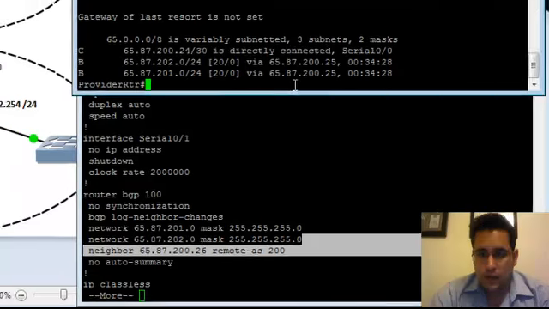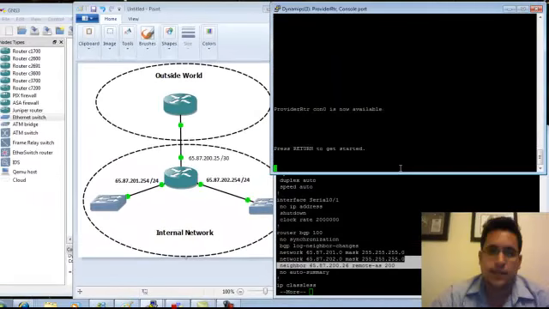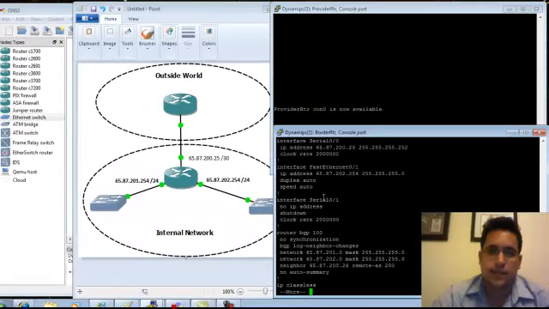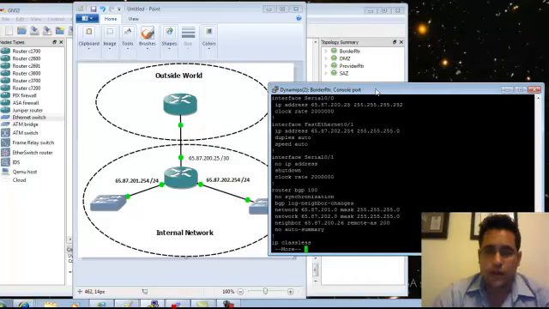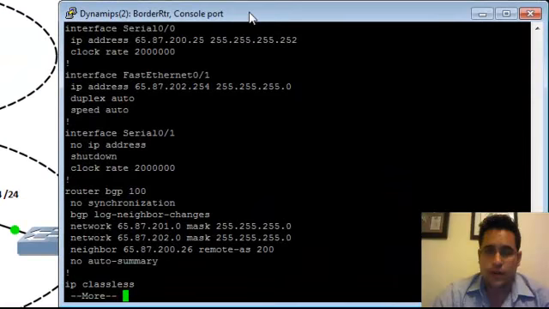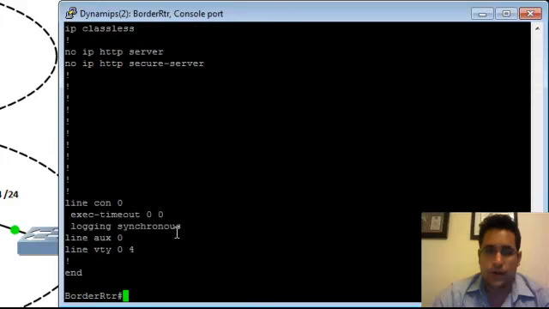I exited out of the provider router because there's really nothing for us to configure there at this point, so I'm going to close that and focus on our internal router. What are the things that we're going to be configuring? ACLs are very important in routers because they provide you with a very basic packet filtering process.